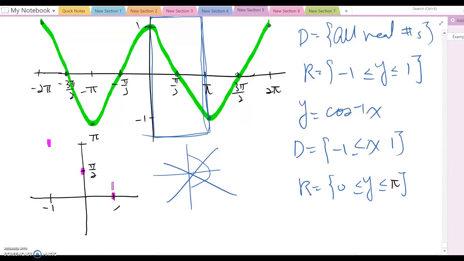So I can conjecture the graph looks like this. This will be the cosine inverse function graph. Okay?